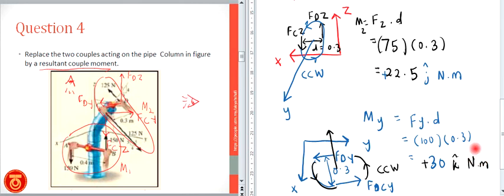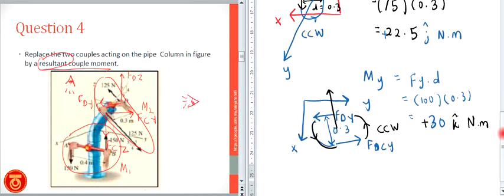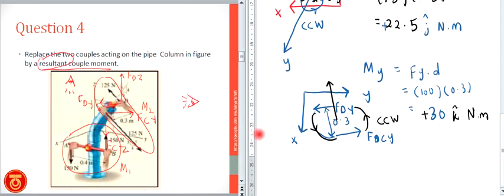Okay, so for the resultant, you need to total all. So MR equals M1 plus Mz plus My.